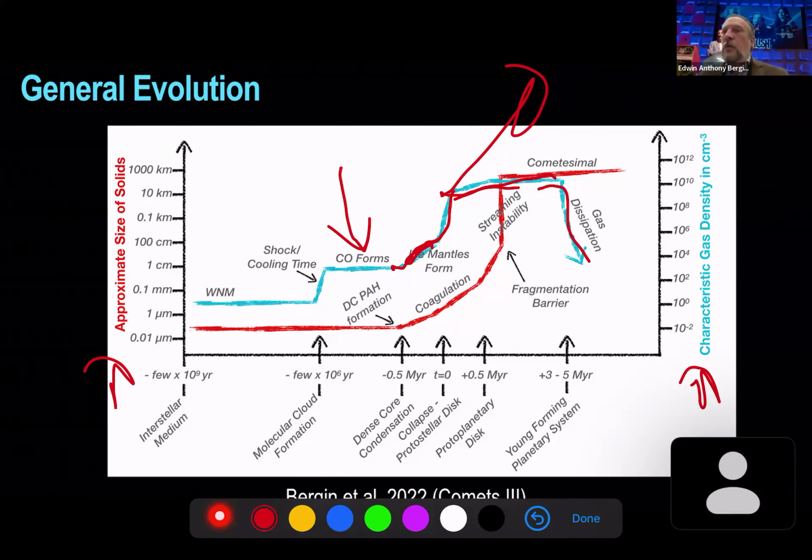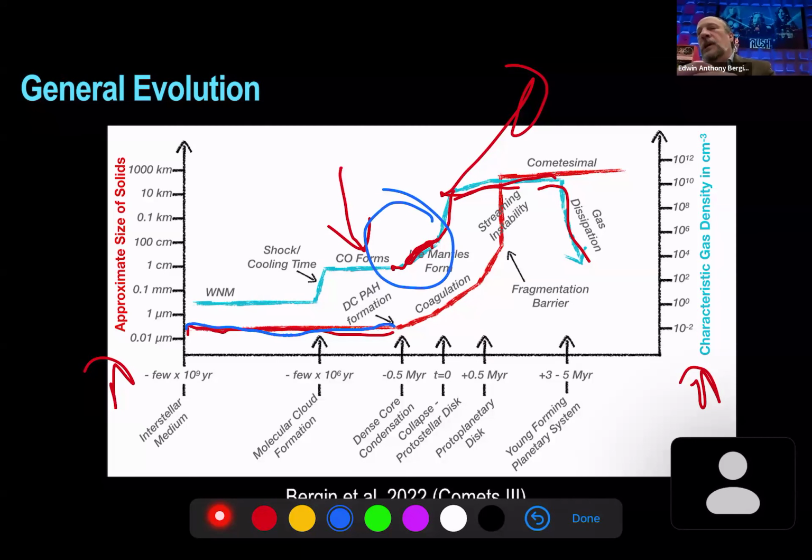Okay, well, the dust stays basically constant in size, and nothing happens to it until you get to the densest parts of the evolution, and then the solids start to grow, okay?